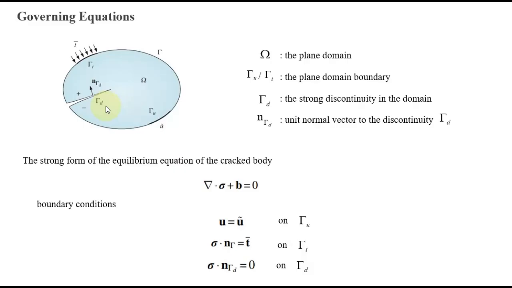The governing equation starts with the strong form of the equilibrium equation: del dot sigma plus b equals 0. The boundary conditions include u equals u bar on gamma sub u, sigma dot n sub gamma equals t bar on gamma sub t, and sigma dot n sub gamma sub d equals 0.